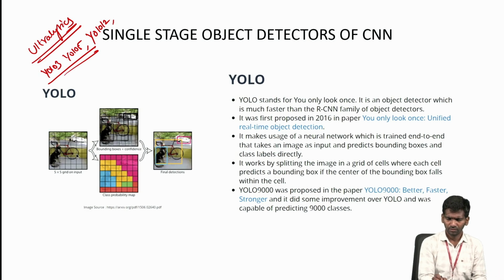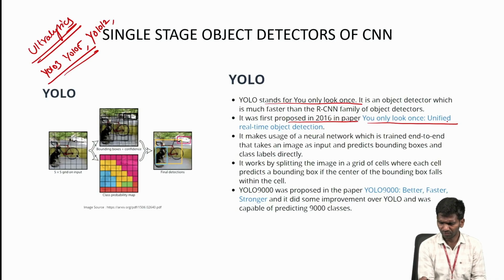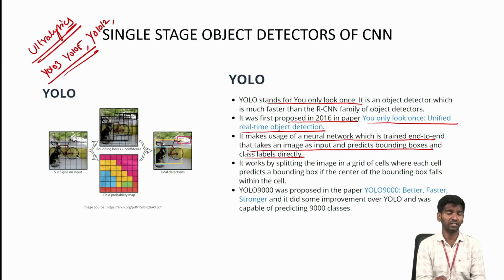YOLO stands for You Only Look Once. It was proposed in 2016 in the paper You Only Look Once: Unified, Real-Time Object Detection. It makes use of a neural network trained end to end, which takes an image as input and predicts bounding boxes and class labels directly. Like I mentioned, a two-stage detector first identifies the objects and then draws the bounding boxes.